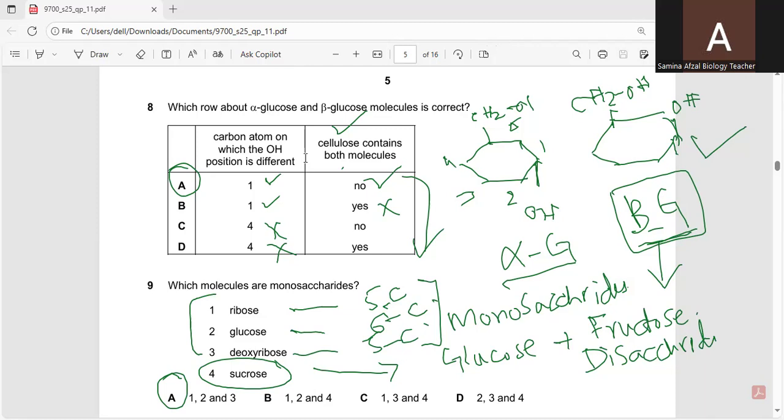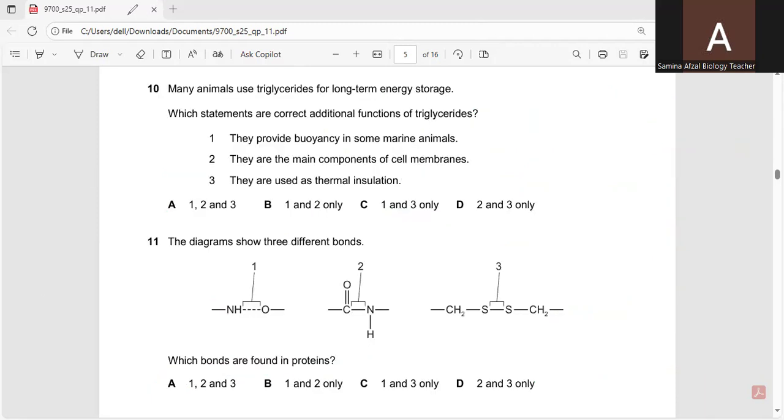Question number 10. Many animals use triglycerides for long-term energy storage. They have given us 3 statements. Which statements are correct? Number 1 statement is they provide buoyancy in small marine animals.